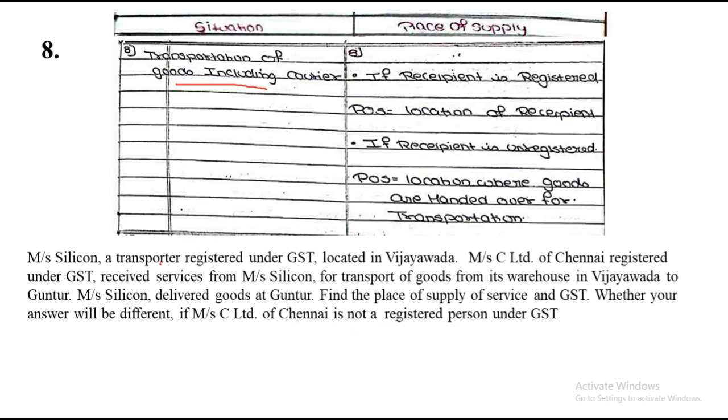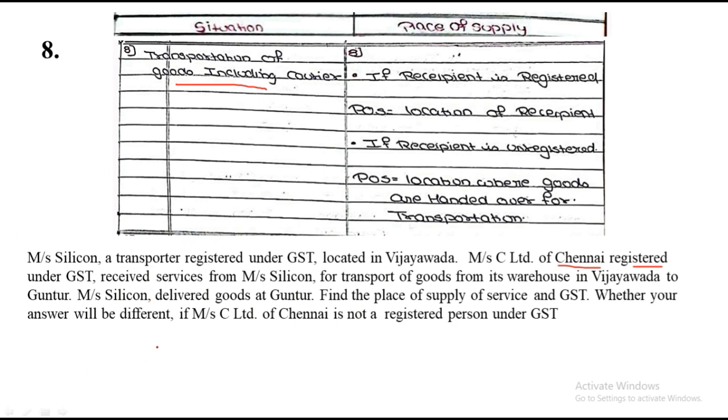Now again, Silicon is located in Vijayawada, and Major Steel Limited of Chennai is registered under GST. He is a registered recipient. As per the rule, if the person is a registered recipient, his location will be considered the place of supply. So in our first condition, Chennai will be the place of supply. But in the second case, suppose he is not a registered person, then the location where the goods were handed over for transportation.